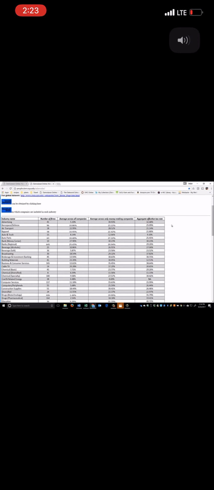If your firm has any negative income over the past 5 years, you should use the average across all companies, because this is the average that would include companies that lost money and that made money, right? So that's a better average, right? And you can see in all cases, the average across all companies is lower than the average across only money-making companies.